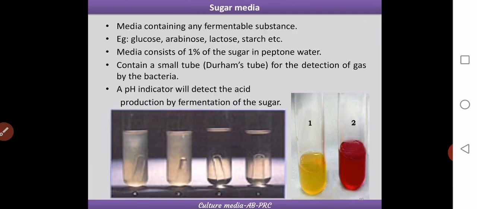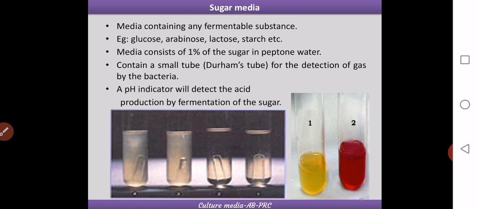Now finally the sugar media, which contain any fermentable sugar. There will be examples like glucose, lactose, fructose, sucrose, whatever it is. We have a fermentable sugar in that media, usually at a concentration of 1%.